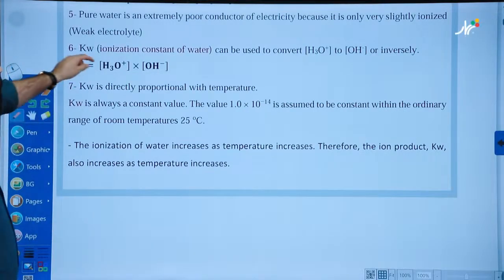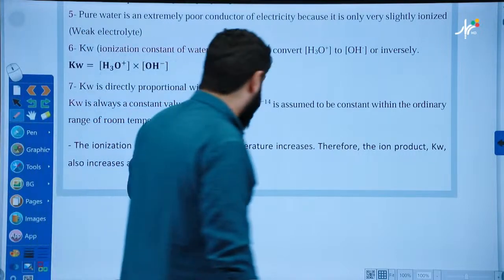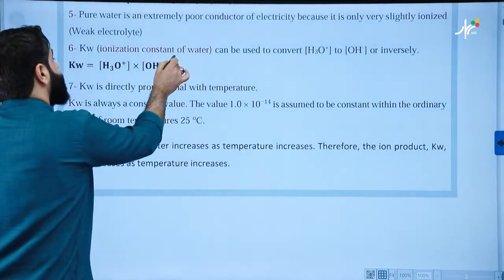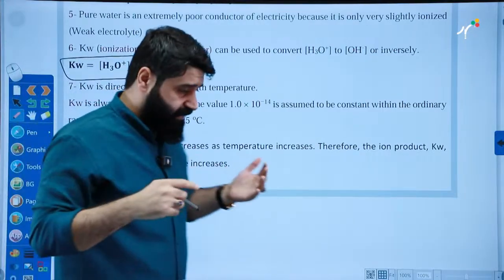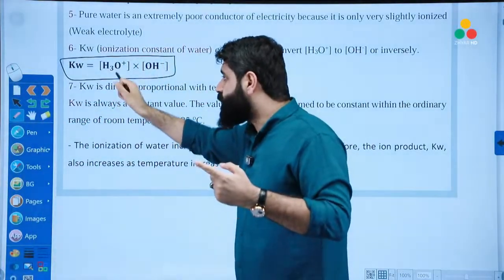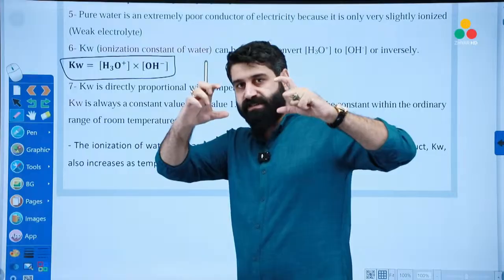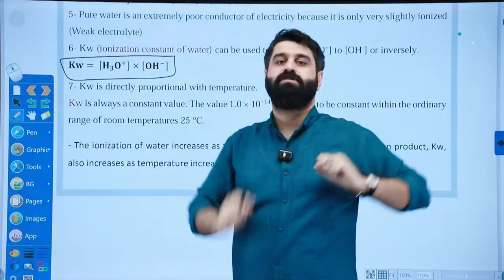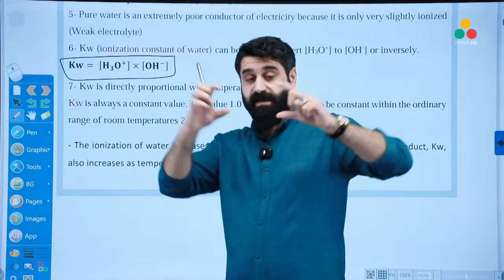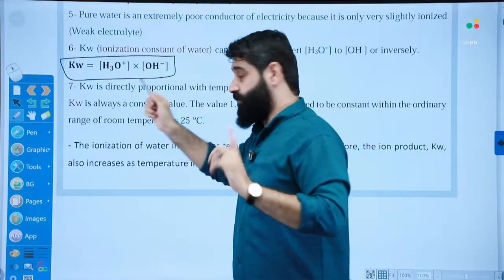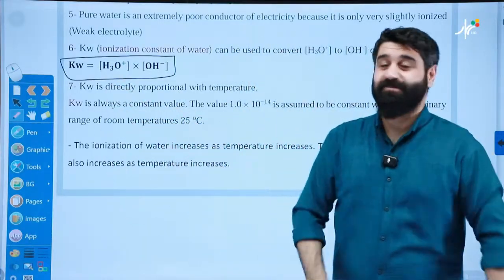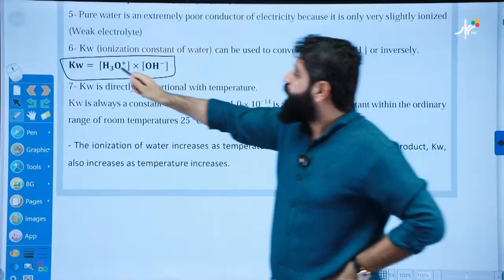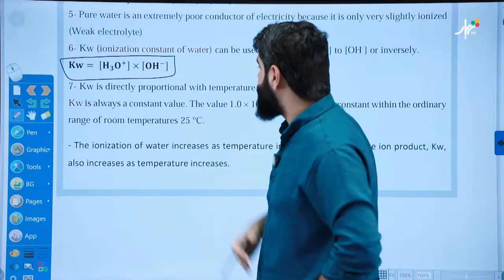Okay, look, the water ionization constant is represented by this formula. Memorize this formula right now with me. What is Kw? Kw equals hydronium concentration times hydroxide concentration.